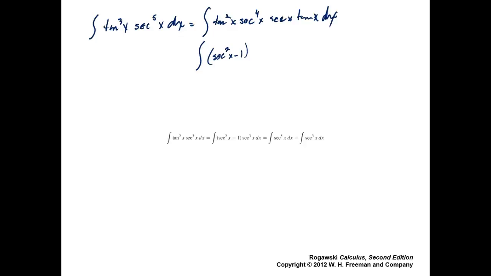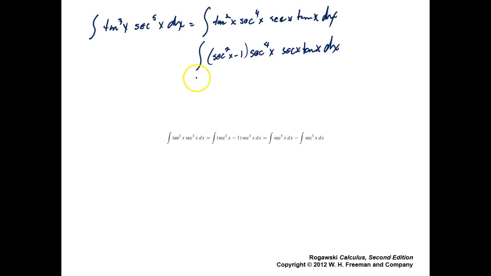Yeah. 1 plus tangent squared is secant squared. Tangent squared is secant squared minus 1. Got it. Times secant fourth x. Okay. And then I'll just leave secant x tangent x dx together.